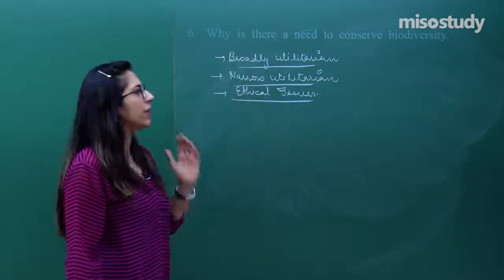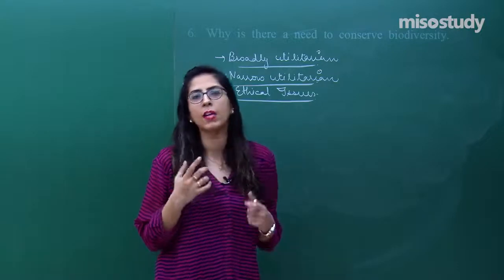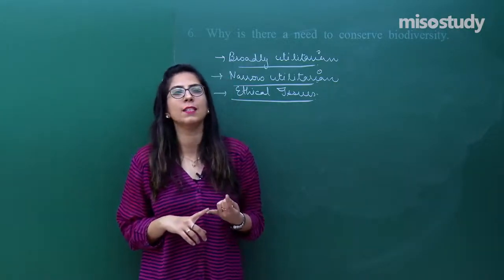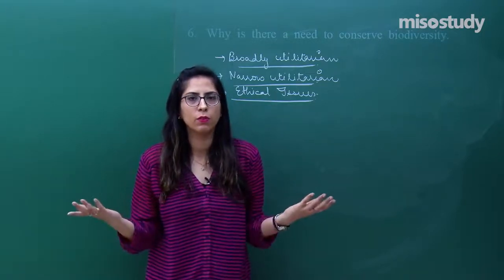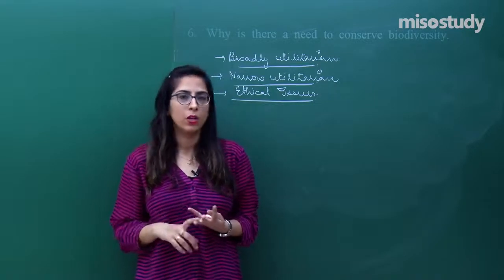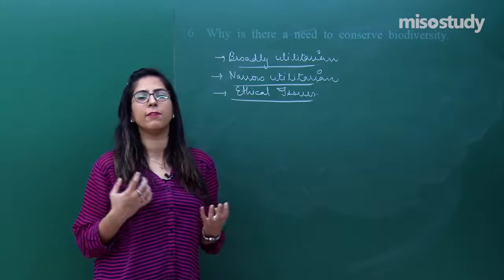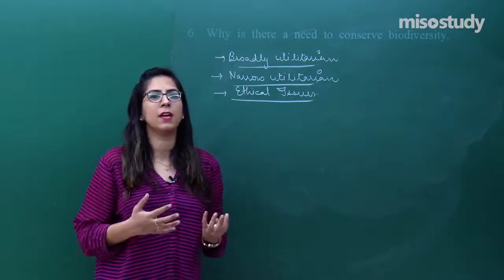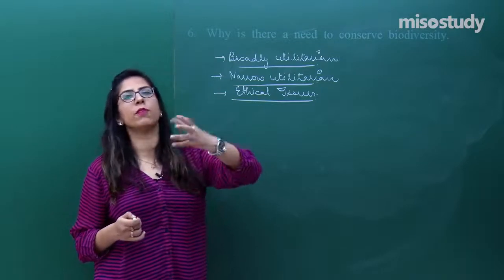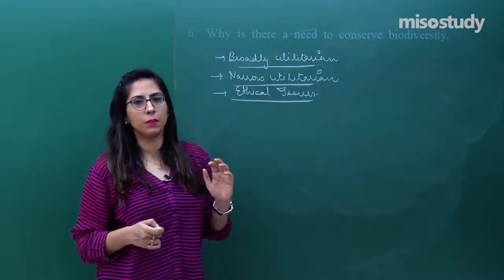First is the broadly utilitarian. That means we, as organisms, depend upon biodiversity. First, for the oxygen and carbon dioxide balance. It is very important for the survival and sustenance of human beings. Not only this, there is the pollination process. Bees, different bats, different mammals help in the pollination process, that is, the spread of pollen from one place to another. All that comes under the broadly utilitarian.